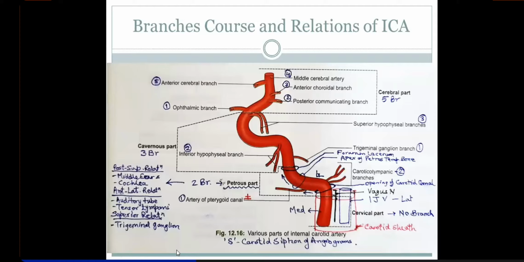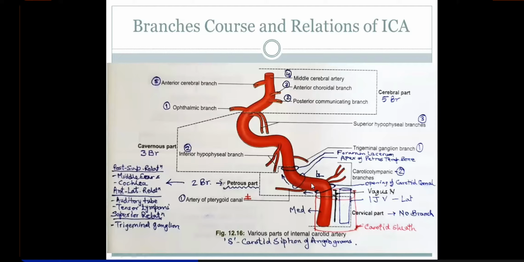So from there it ascends up, and when it reaches the base of the skull, there it finds a foramen, and that opening is called opening of carotid canal. So it enters into the carotid canal.